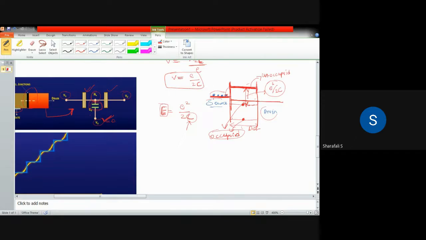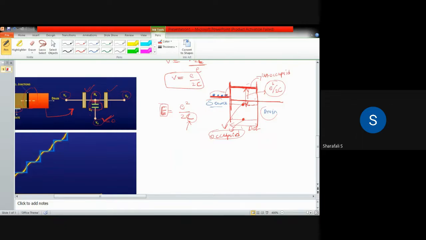And when you increase the gate voltage, it will change the potential at this quantum dot.